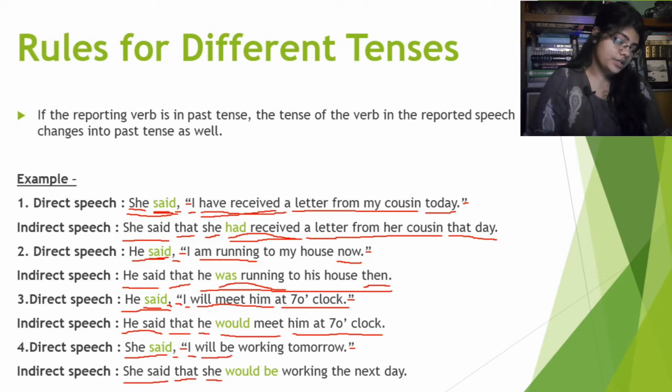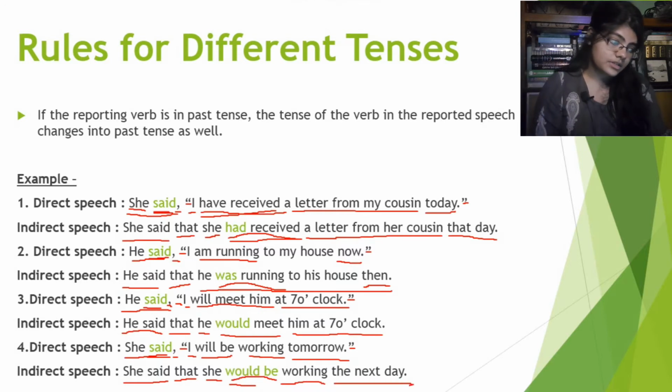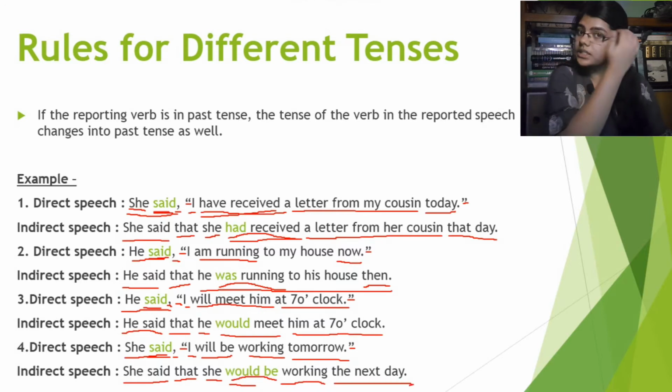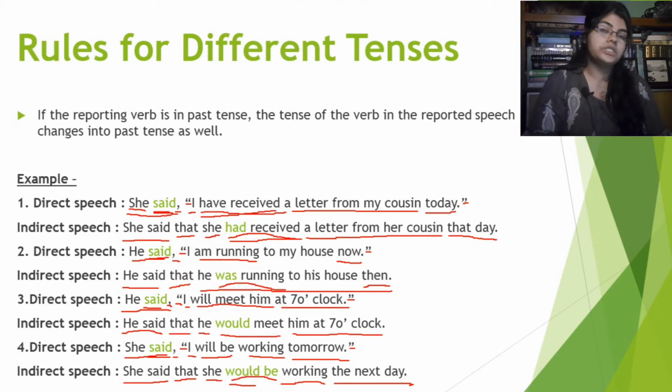"Will be" will become "would be," because the past of "will" is "would," and the reporting verb here is "said," which is in past tense. "Working" will be "working." "Tomorrow" will be "the next day," because of the segment that we discussed earlier, that "tomorrow" changes into "the next day" in the indirect speech.